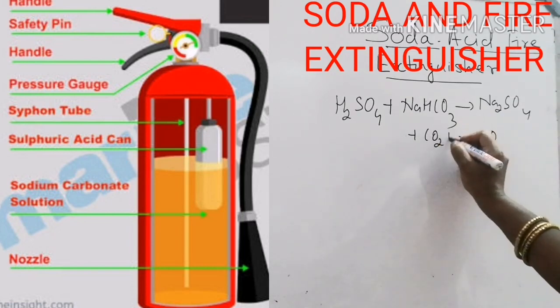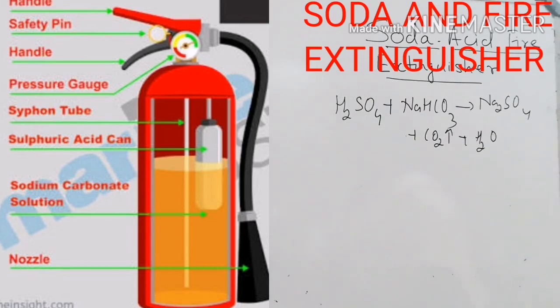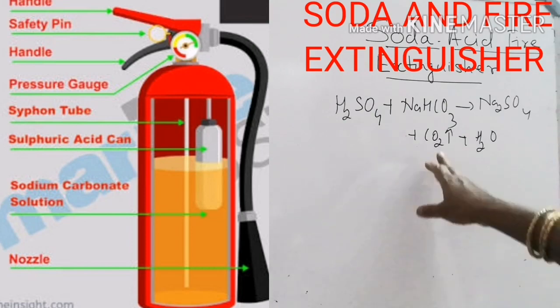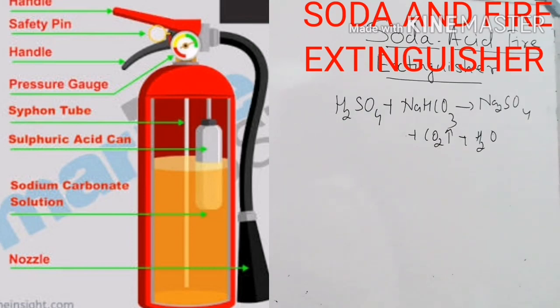The carbon dioxide gas thus released is directed towards the fire using the tube, and as carbon dioxide is a non-combustible gas, at the same time, it neither supports burning, and hence the fire gets extinguished.